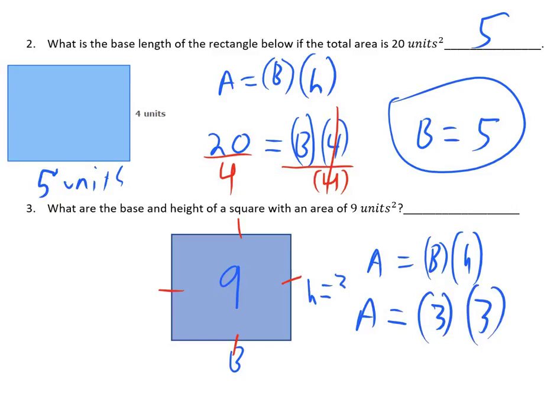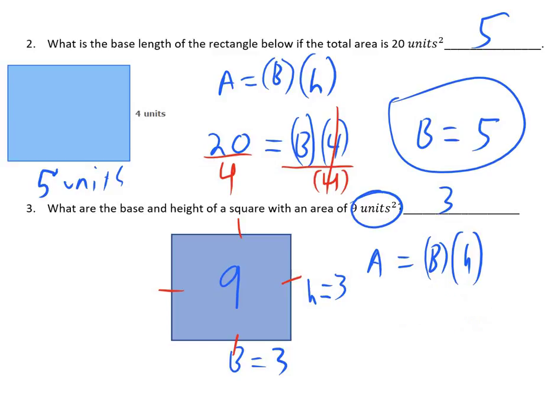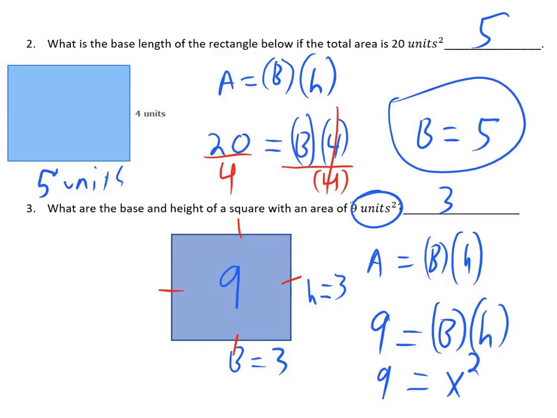The height must equal 3, therefore the base must also be 3, which makes sense because 3 times 3 is 9 units. If you were to write this out from scratch, 9 equals base times height, but it's the same number. So we can say that 9 equals some unknown number squared, and if you take the square root of both sides, you'll see that x equals 3.